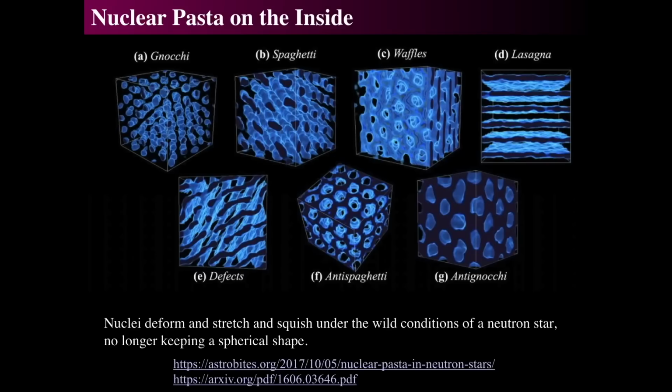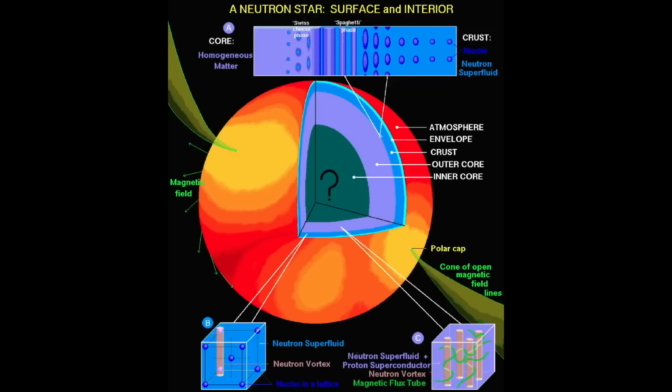No, the nuclei are basically huge numbers of protons and neutrons that form spaghetti and waffle type structures or lasagna type structures, which is really strange. And so then we get this strange appearance of a neutron star itself, where you have a tiny atmosphere, a crust and an inner crust, and who knows what's going on down in the core as the neutrons and everything break down to become quarks and individual quark things.